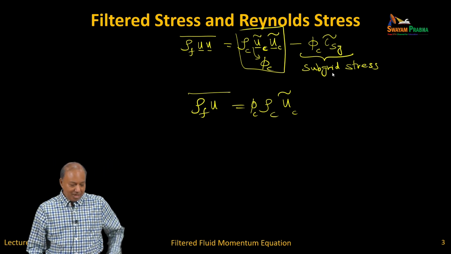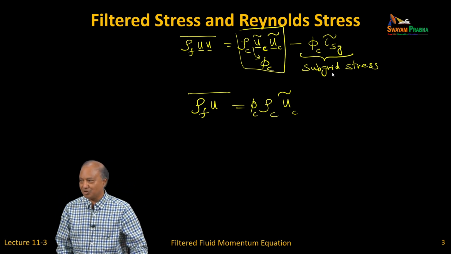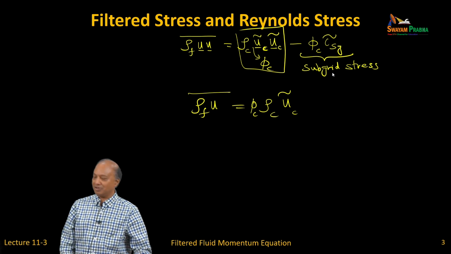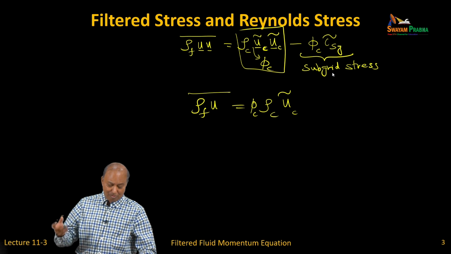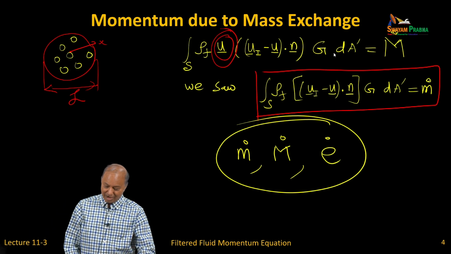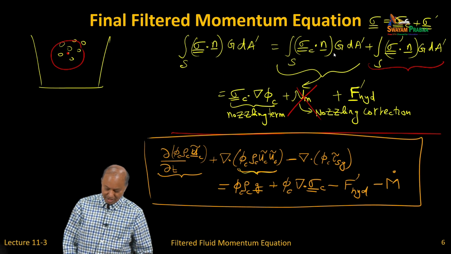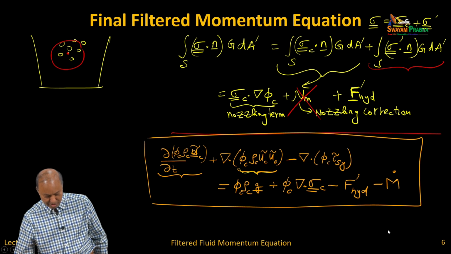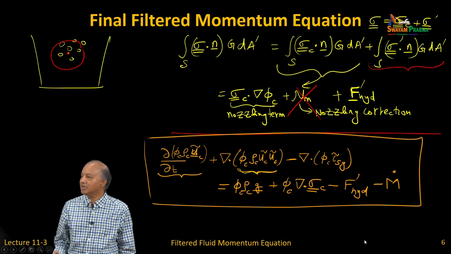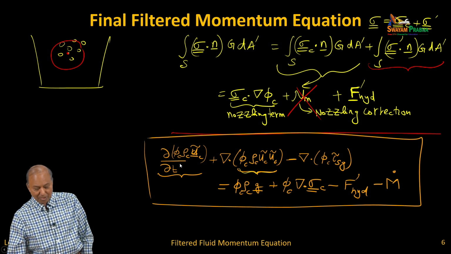So, if you systematically do this for every term and say, I want this term Navier-Stokes like, then extra terms like subgrid stress, subgrid something else will appear, and finally you get this equation, very rigorously derived. So, this looks like the compressible Navier-Stokes equation.